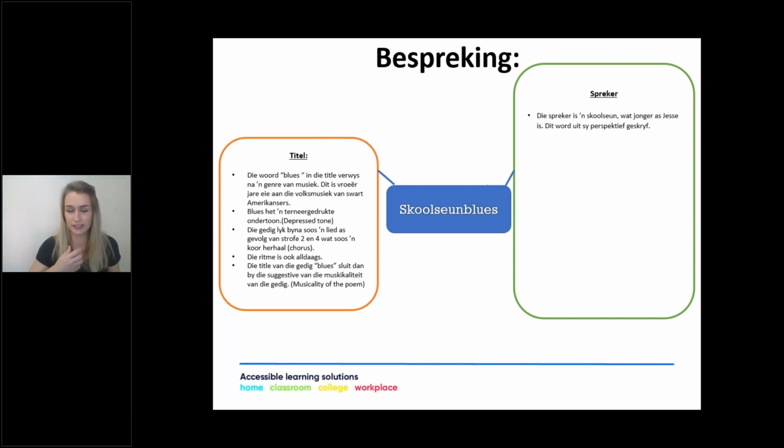If I write a poem from a 5-year-old girl's perspective, that is the spreker. It's something to keep in mind. It's two different things. And not everyone writes a poem about themselves. They write a poem from when they were 5 years old, or about their parents' dog or whoever.